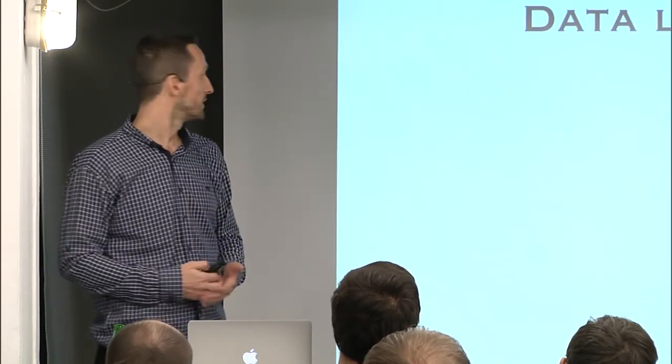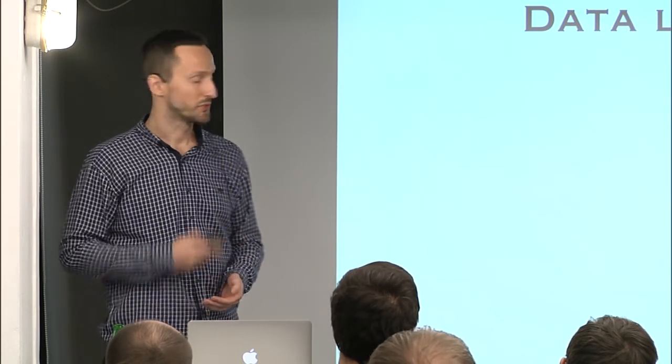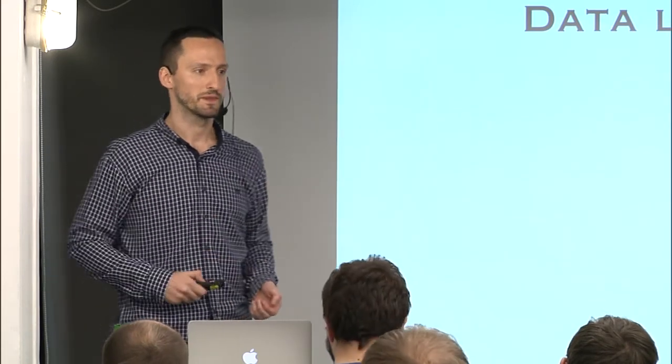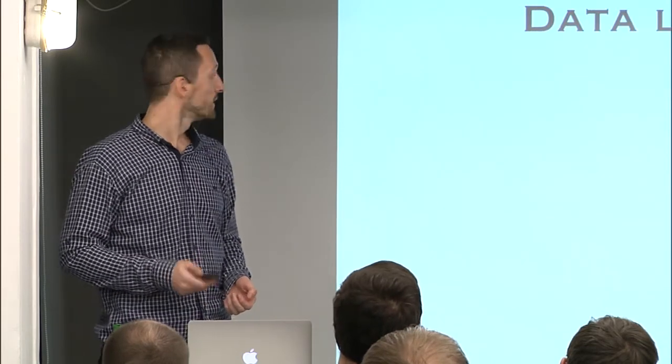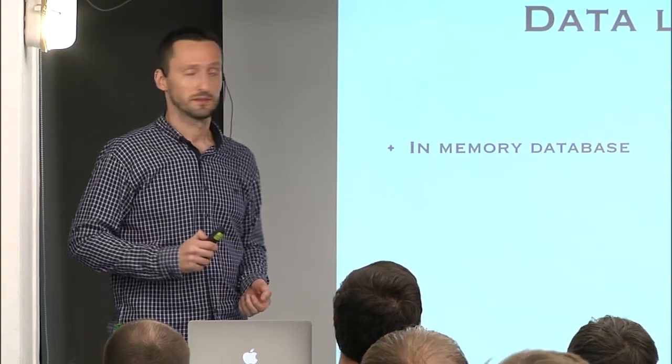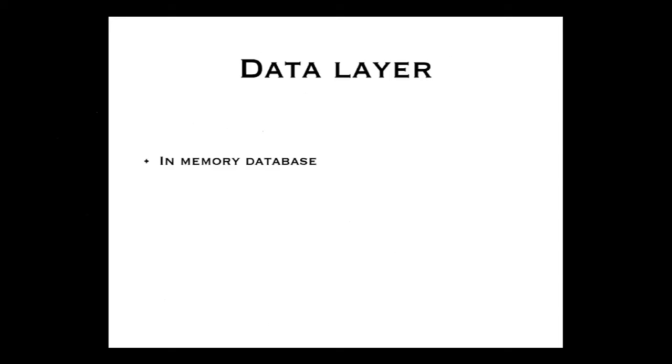Okay, so let's talk about the data layer, which was represented by the schema on this function. Like I said, Mirage has a simple in-memory database, which looks similar to relational databases, because you have foreign keys and you can make and keep relations here. It has models to define how your data should look.